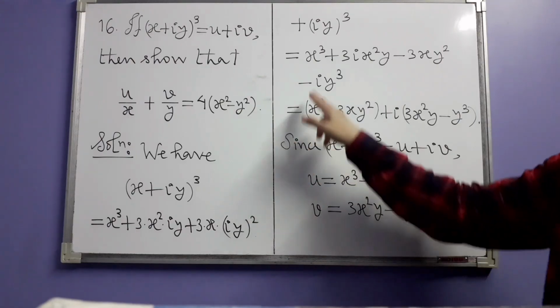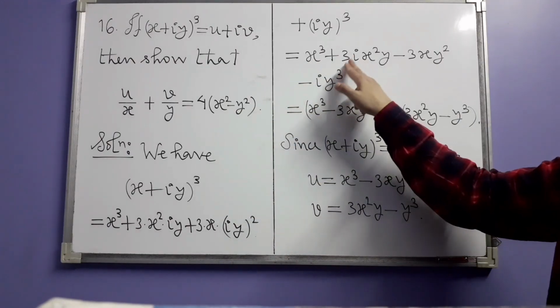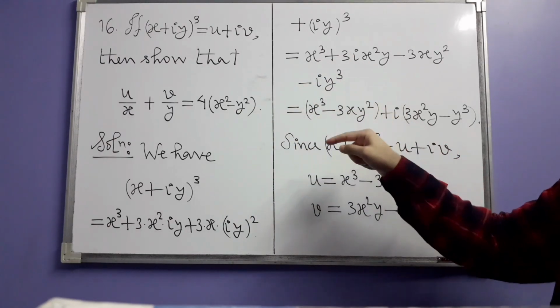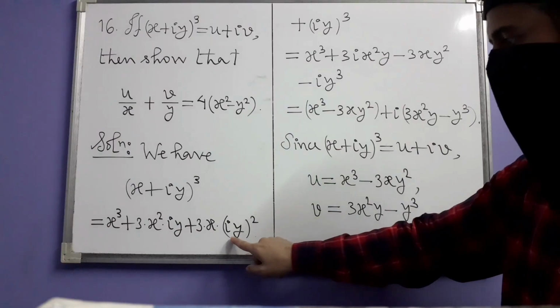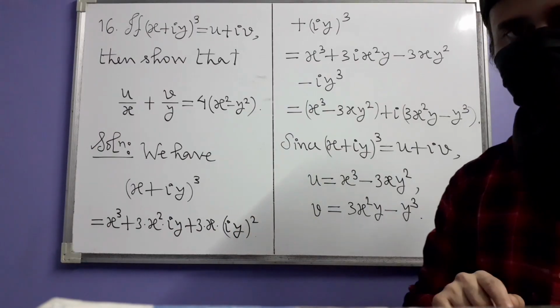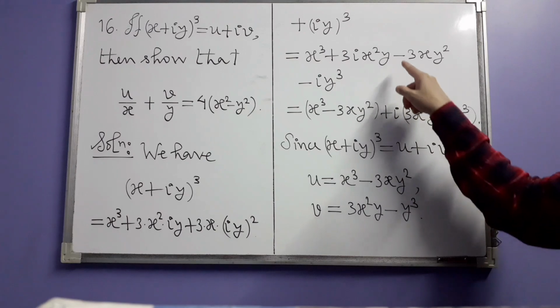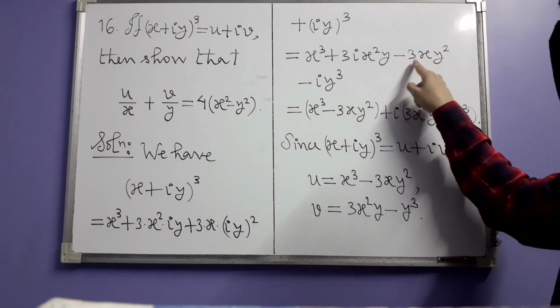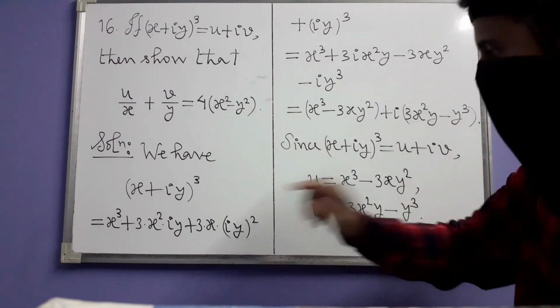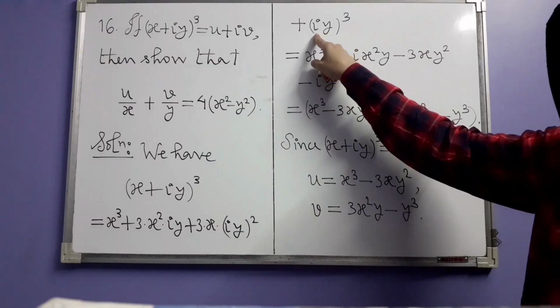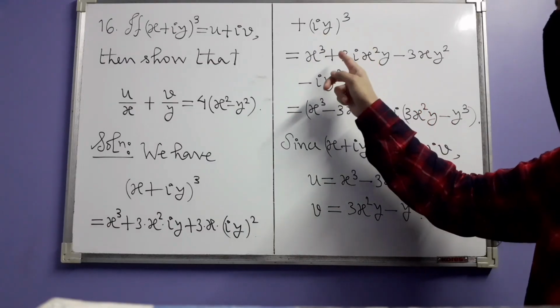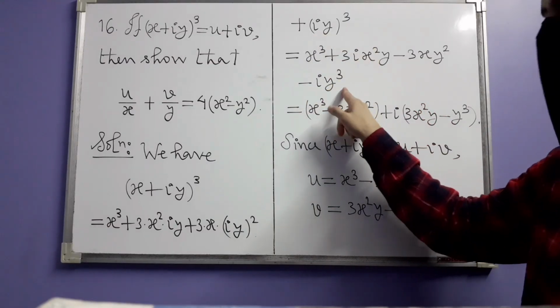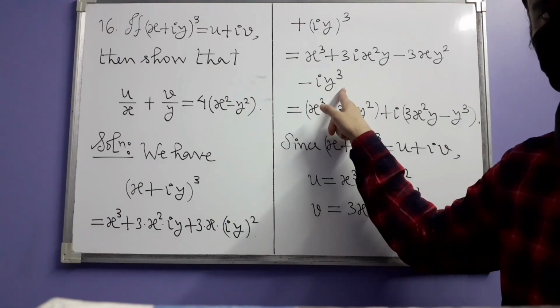So it becomes x³ + 3ix²y plus, what will you get from here? i² y². i² is −1, so you get −3xy². And here you have i³y³. i³ is −i, so you get −iy³.